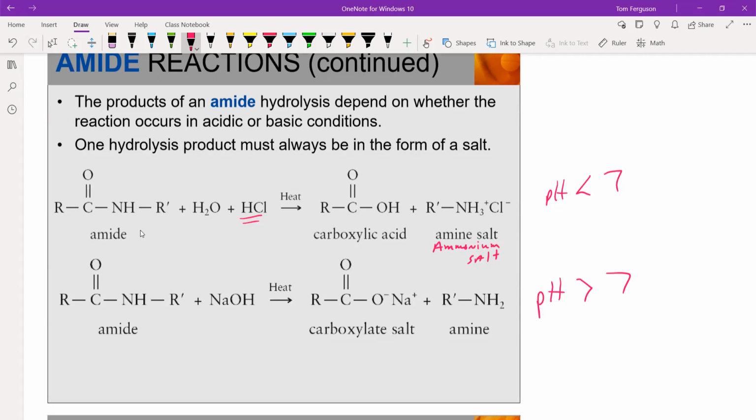In a basic environment, what you end up with is the acid salt and the non-ionic amine.